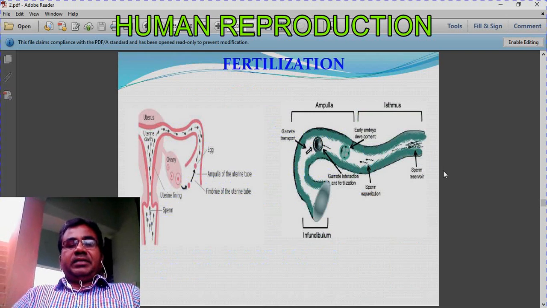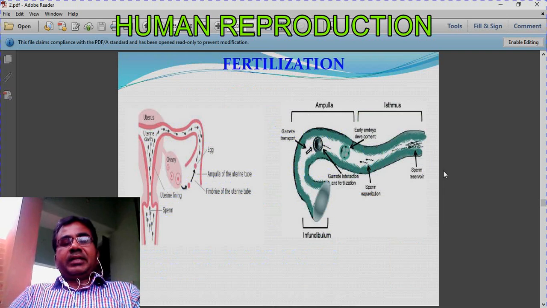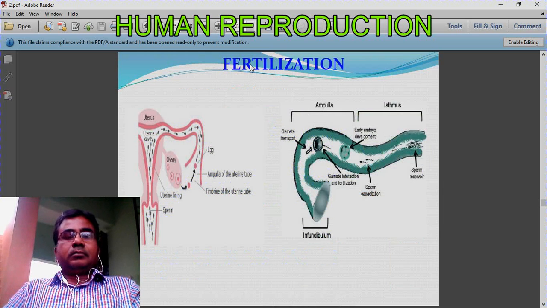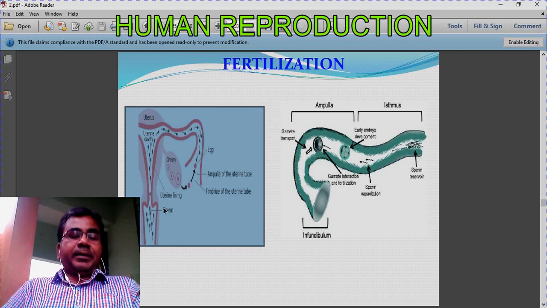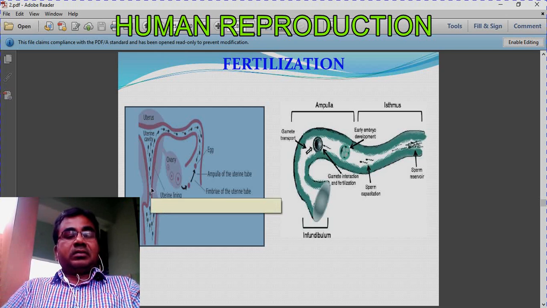Now fertilization. Where does fertilization take place? Fertilization takes place in which part of the reproductive tract? Now look at this diagram. This is the female reproductive tract. Sperm is entering through this way. Actually, this is the vagina. Through this birth canal, it will enter the uterus and go up to the fallopian tube.